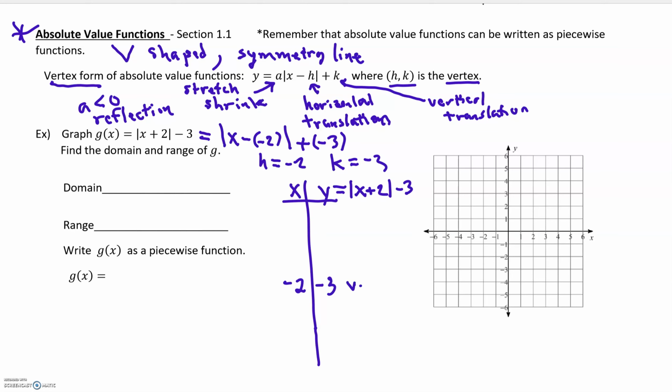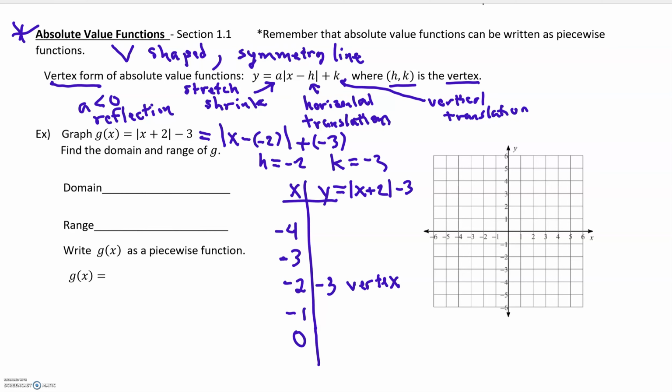Since that's the vertex, what I'm going to do is take some x values that are bigger than -2, find the y values that go with them, and a couple of x values that are smaller than -2. And we're going to use the symmetry of this as well.